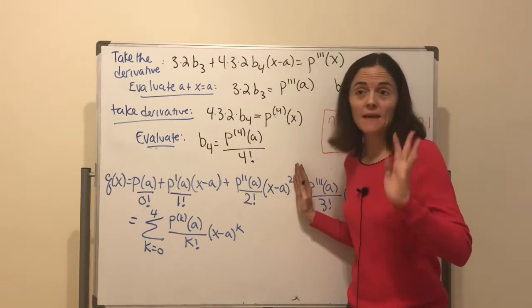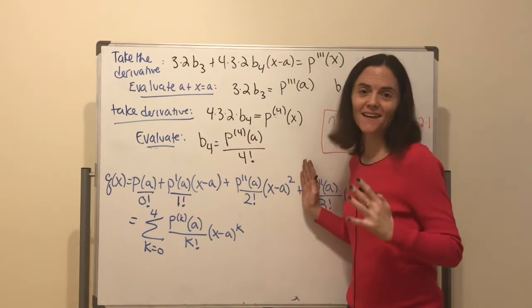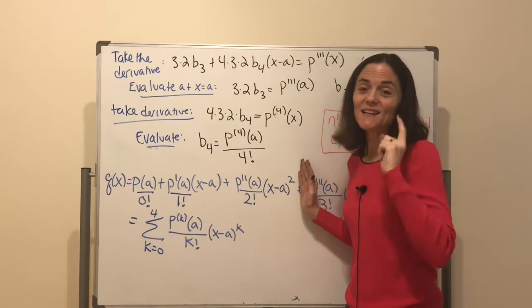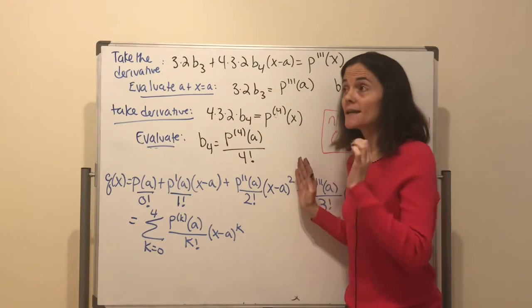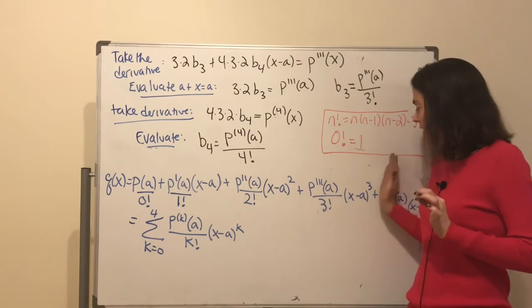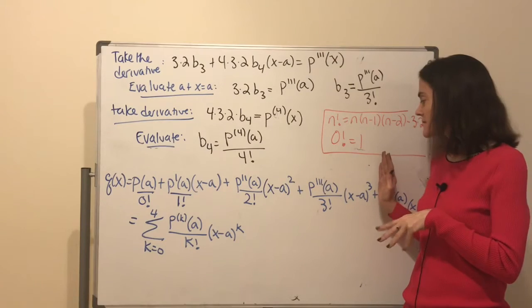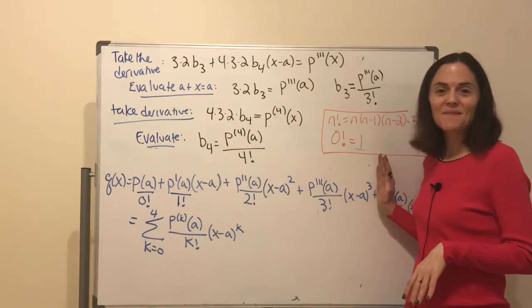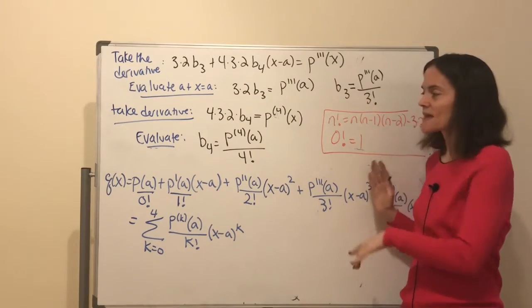This polynomial cut off here is the best quadratic approximation to your polynomial function more generally, nearby x equals a. And similarly, if you cut it off here, this is the third order partial sum. This would be the best cubic approximation to your polynomial nearby x equals a, like this.